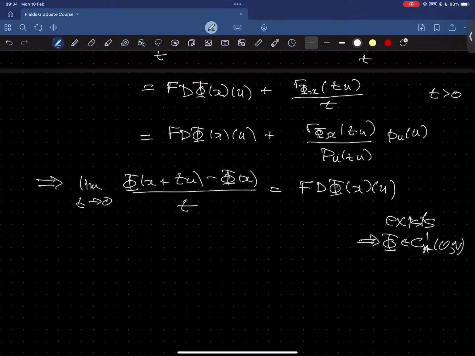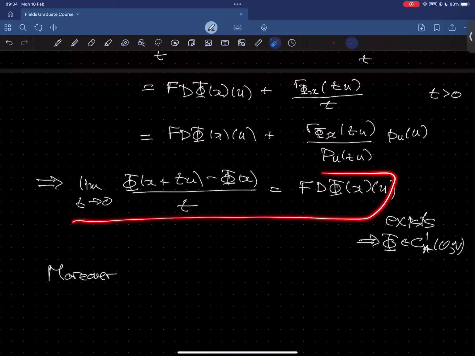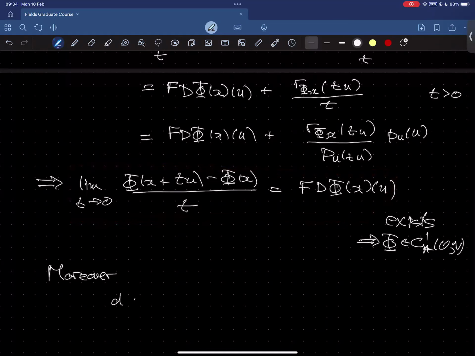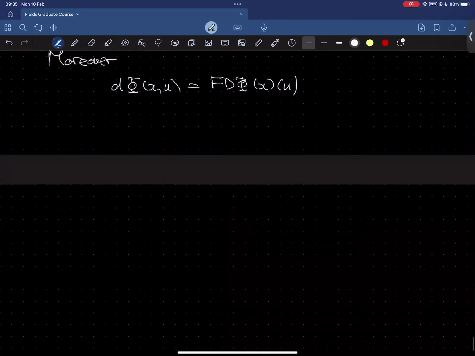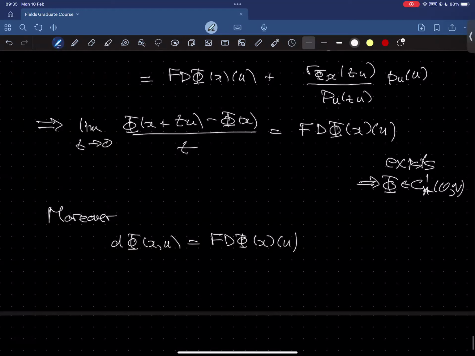And moreover, this calculation, this one that we just did, shows that D phi of X U is equal to F D phi of X of U. Now this thing is a continuous function of x and u, and we proved that before.